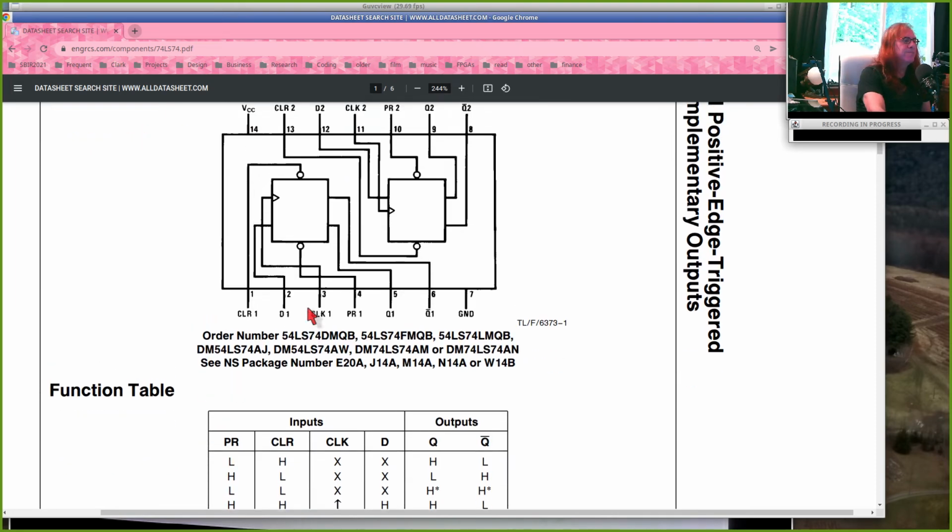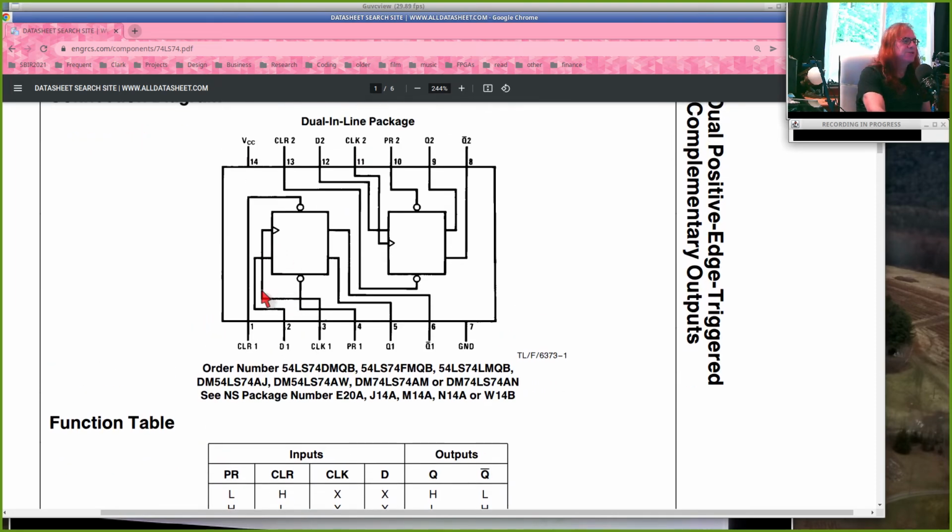They're positive edge triggered. So here's the clock going into this first one. It's just an edge triggered device. It's got an output Q, coming from here, and it's got an inverted output Q bar. And then it has these preset and clear signals. And the preset and clear signals are active low.